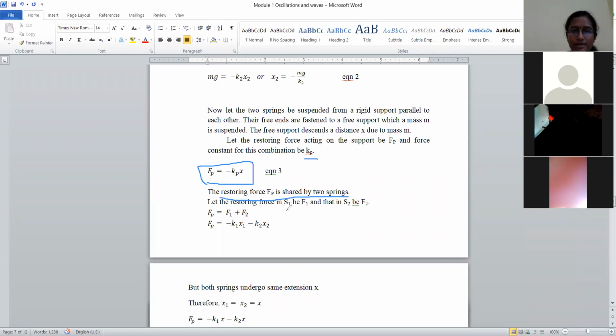The restoring force in S1 will be F1 and the restoring force in S2 will be F2. So this Fp will be the sum of these two forces. So Fp is equal to F1 plus F2. Similarly, for F1 we can write minus K1 x1, and for F2 we can write minus K2 x2.